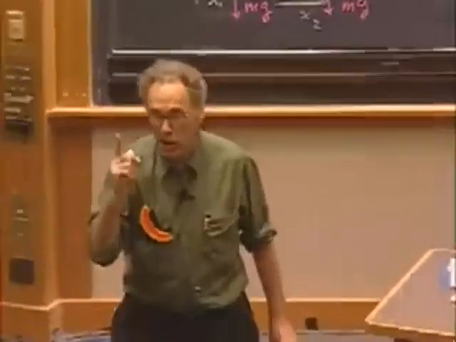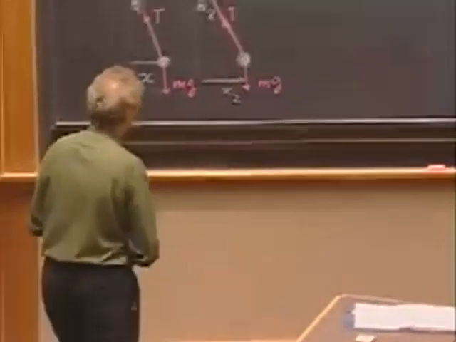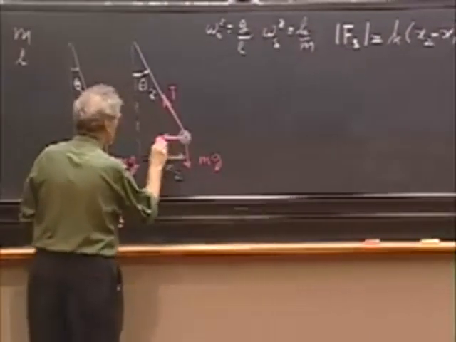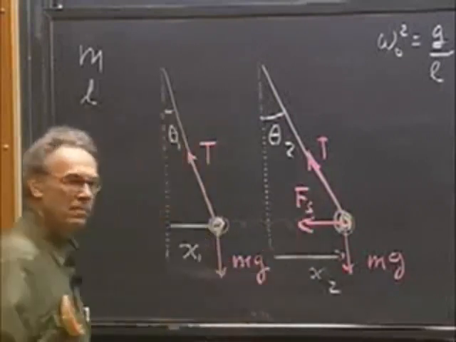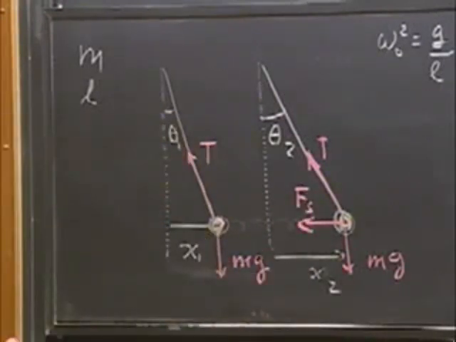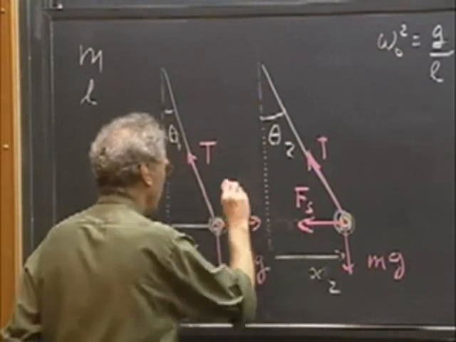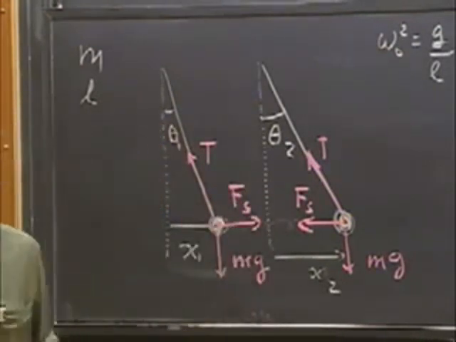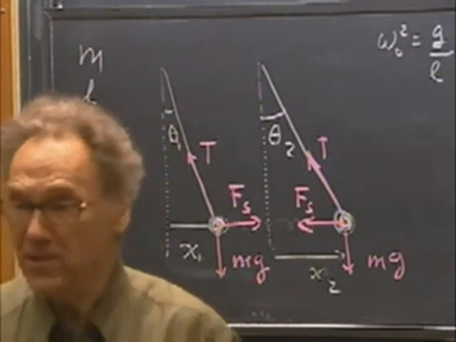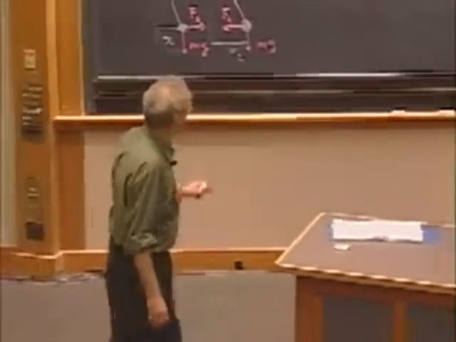Now, if x2 is larger than x1, do we agree that the spring force is in this direction? And do we agree then that this spring force must be in this direction? If x2 is larger than x1. Well, that means I can leave everything the way it is now.